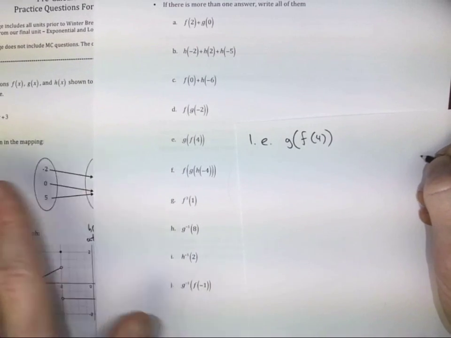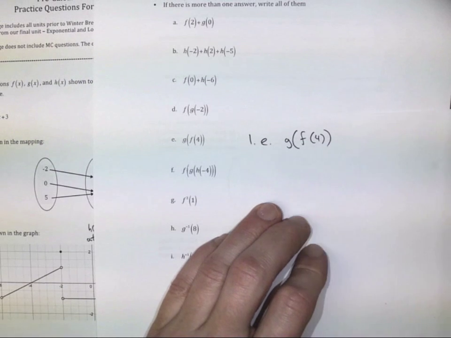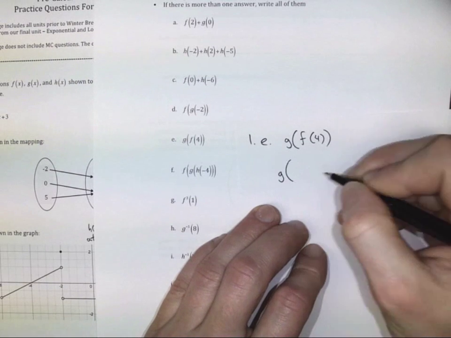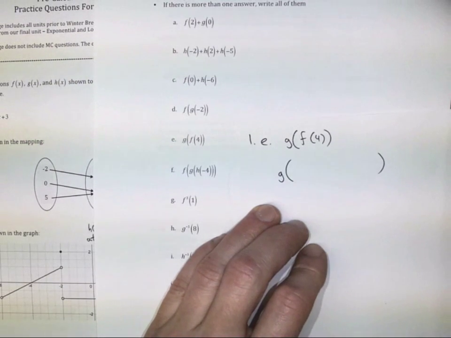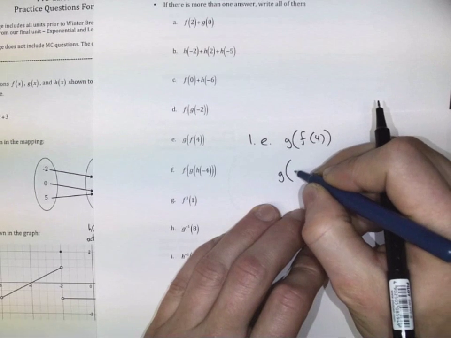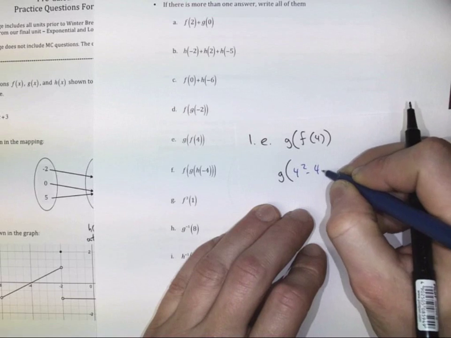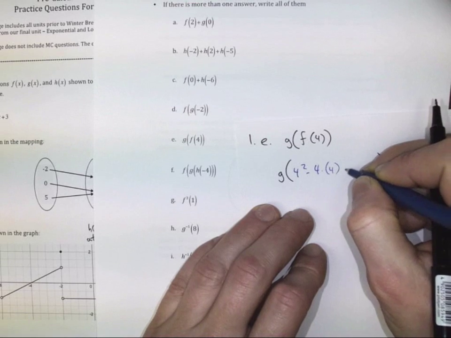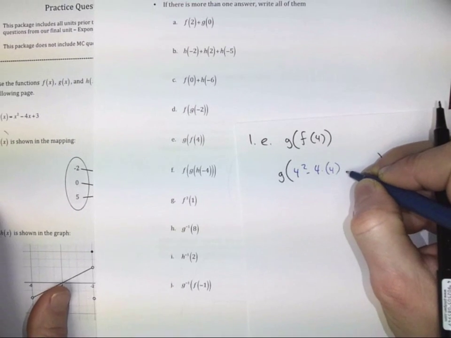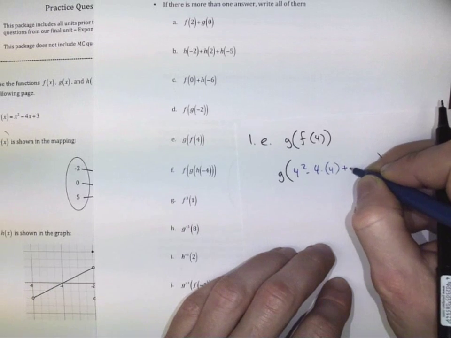However, I think what I'm going to do instead is just replace f of 4 with a big input, and that's going to be 4 squared minus 4 times 4 plus 3.